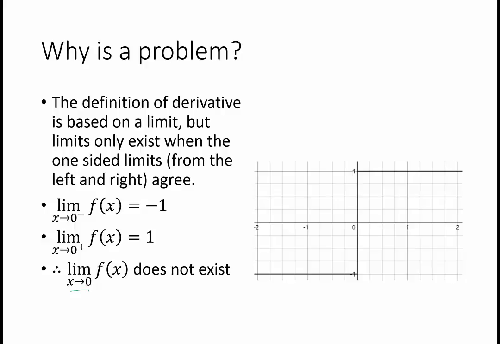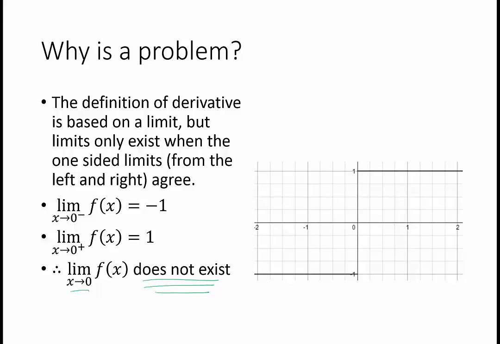Well, we have this idea of a left-handed limit. The left-hand limit of this function is equal to -1. It's -1 all through here. The right-handed limit, as we approach 0 from the positive side, are all 1s. And because these do not agree, we say overall the limit of this function does not exist at 0.